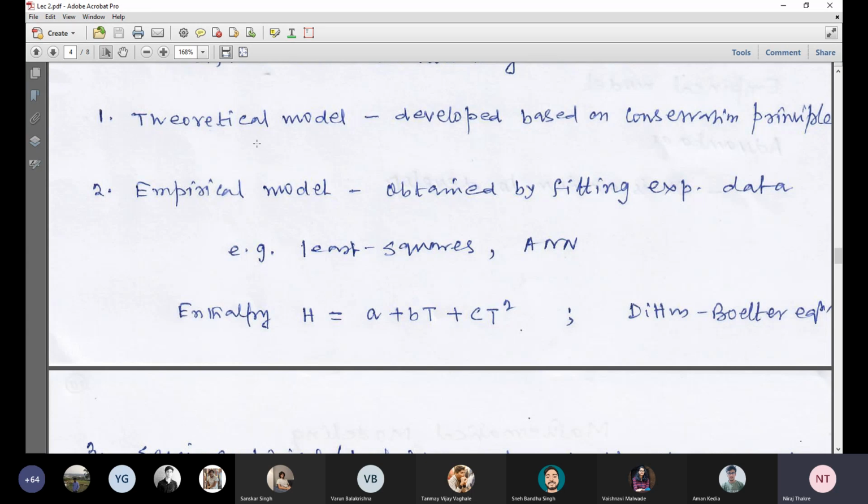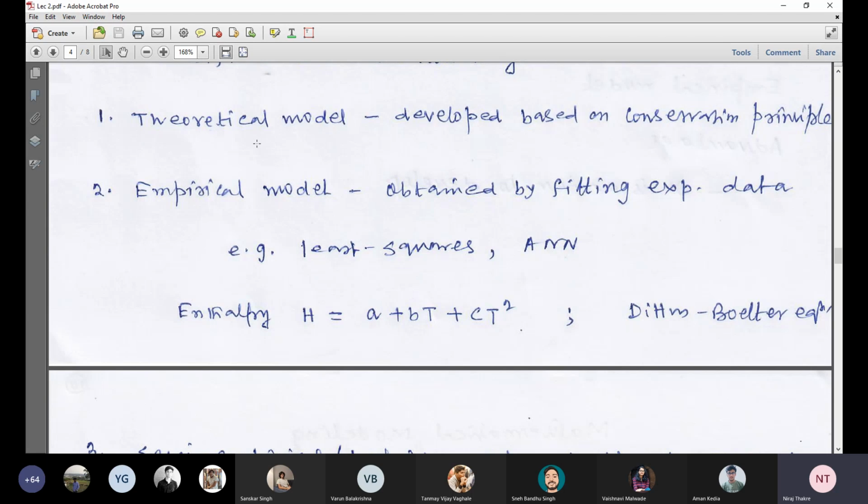That is always true. If your model is rigorous, then we can have better results close to the actual output. But if your model is not good enough, if you have so many assumptions, in that case you may not get even the desired output.